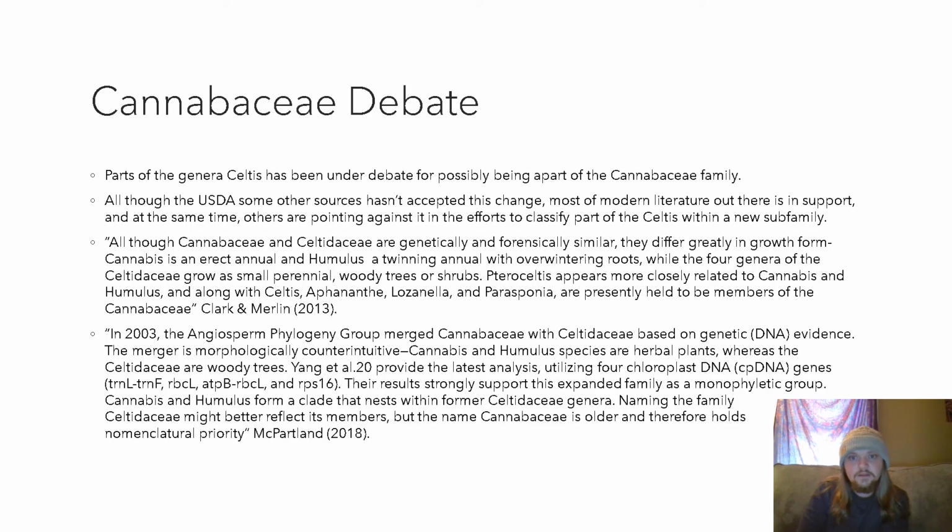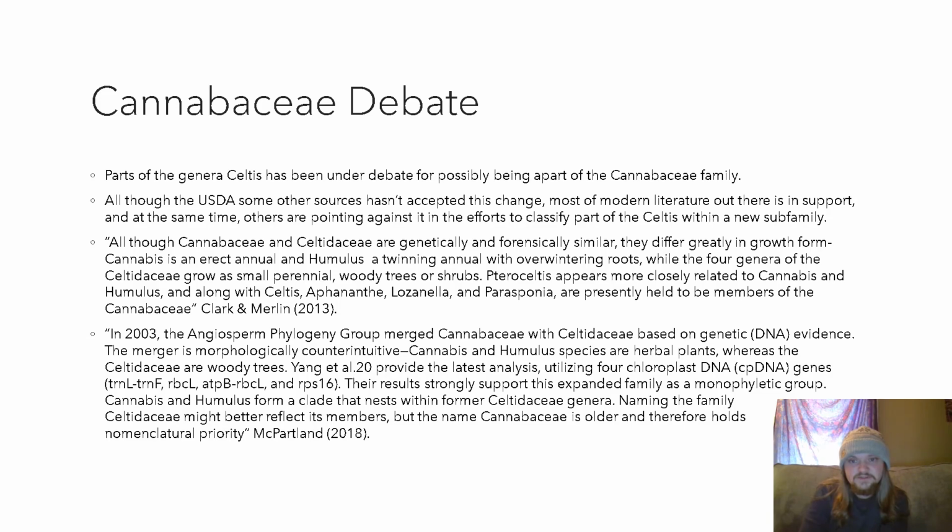But if you look at a lot of modern literature and other sources, especially from other countries, they support the change. And in 2003, the Angiosperm Phylogeny Group merged Cannabaceae with Celtidaceae based on genetic DNA evidence, and the merger is morphologically counterintuitive.